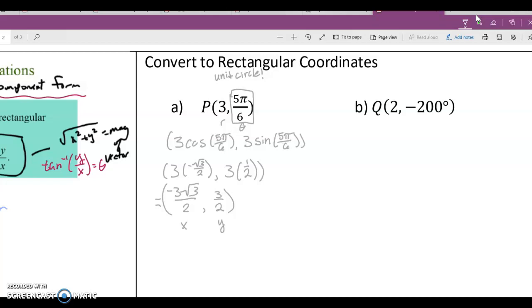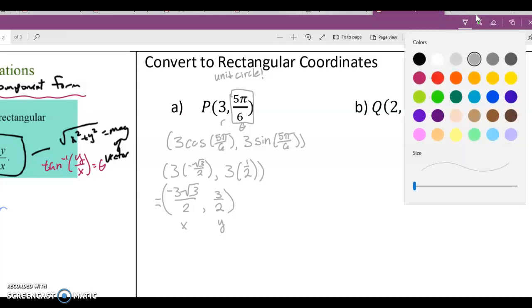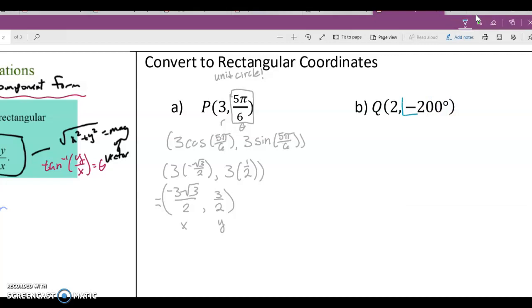All right, now for this one here, this is not a unit circle angle. So I don't know about you guys, but I don't know the cosine and sine of negative 200 off the top of my head, so you have to use a calculator.